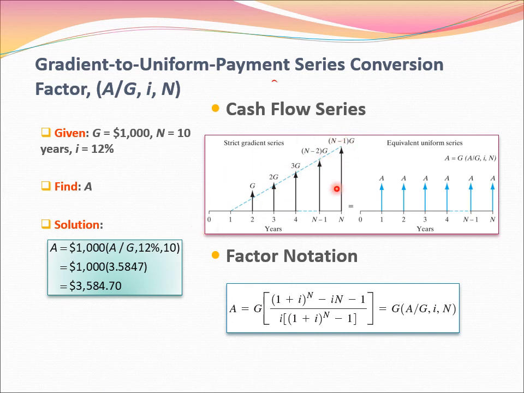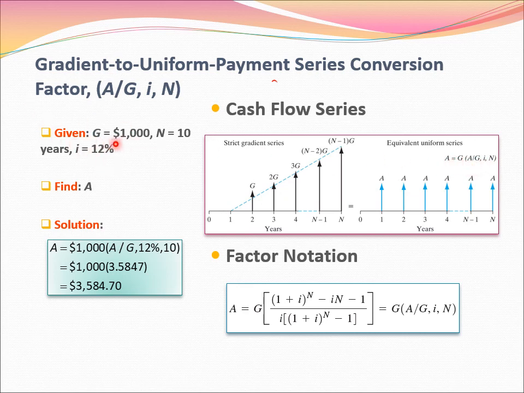We have a gradient series and we want to convert it to such a uniform series starting from the first period till the end. If you want to pay equal amounts instead of such increasing amounts, how much do you need to pay? And for this, simply we will use this factor.